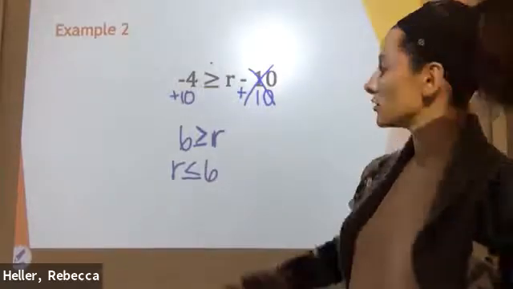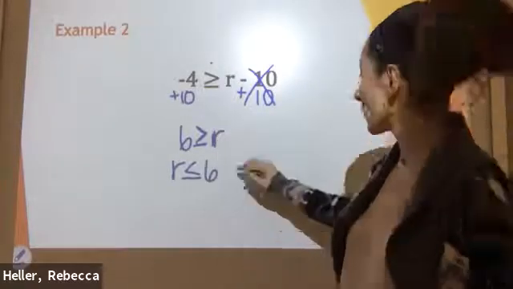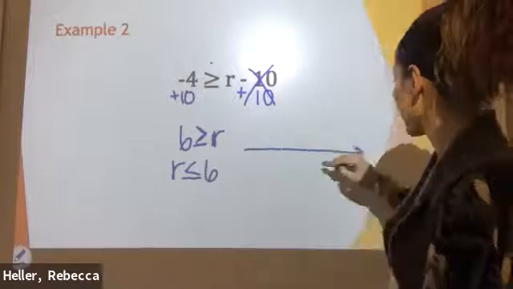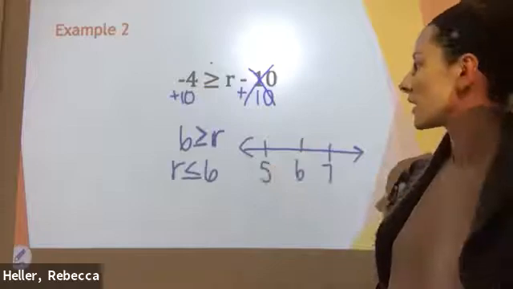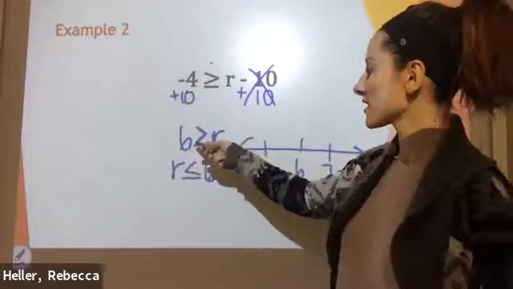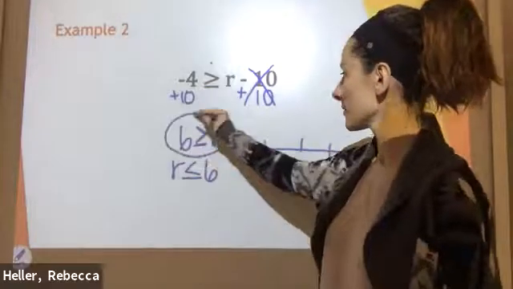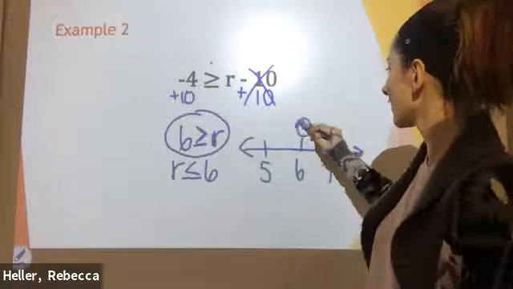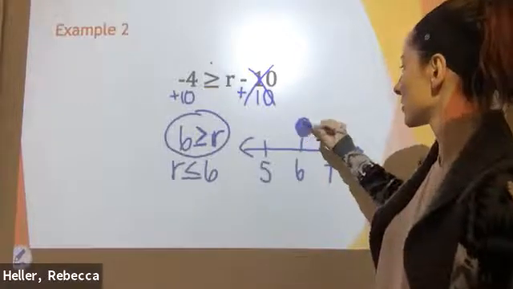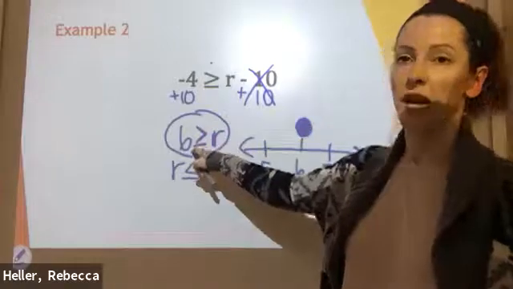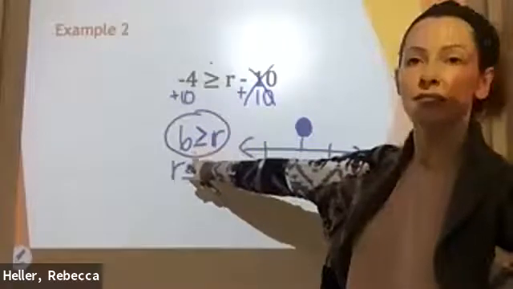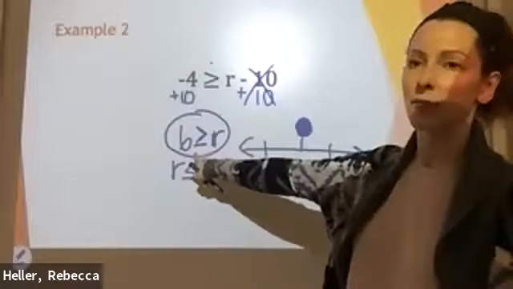You don't have to do this, but when you go to graph it like this, if you were just looking at this answer, the closed circle, the arrow does not go the same direction as the inequality symbol in this answer because the variable is on the right.